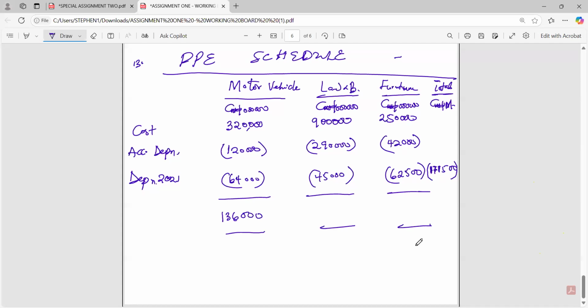Then we'll find the carrying amount. This is what you are doing. Please take your time. Take this amount on your calculator: 330,000 minus 120,000 minus 64,000. What do you get? 136,000.